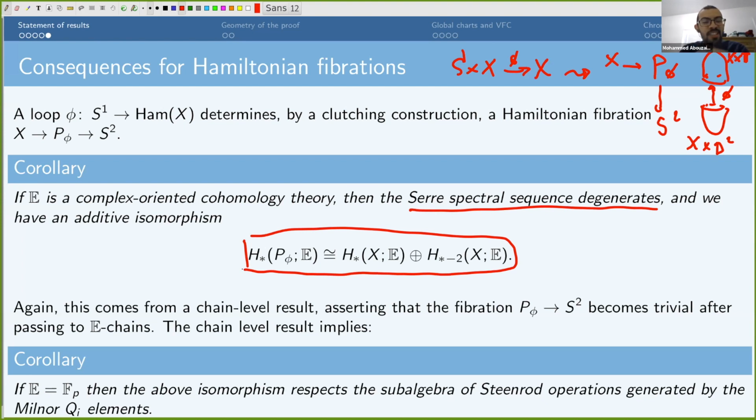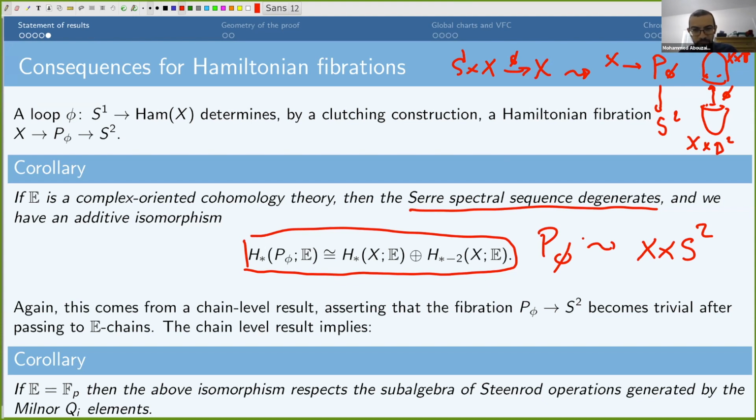Our construction determines a map from the chains of P phi, which really means some kind of space that is associated to the cohomology theory and to the total space of the fibration, to the associated space for X cross S2. So there is P phi, and there's X cross S2, and they're not homotopy equivalent.